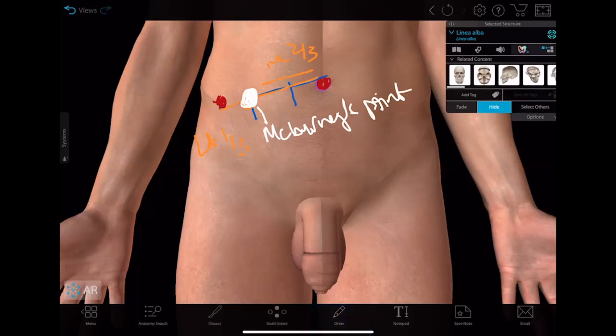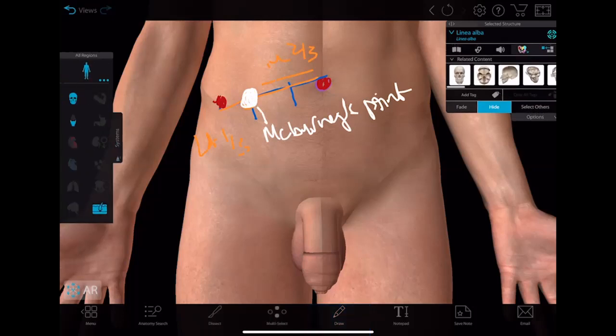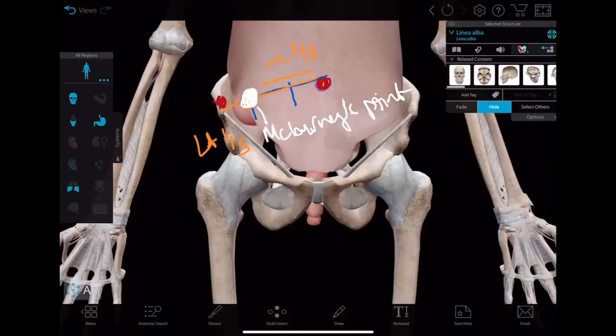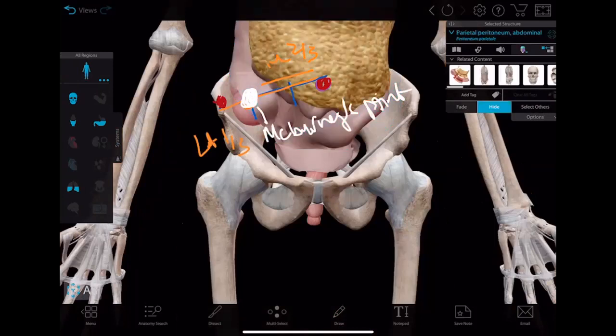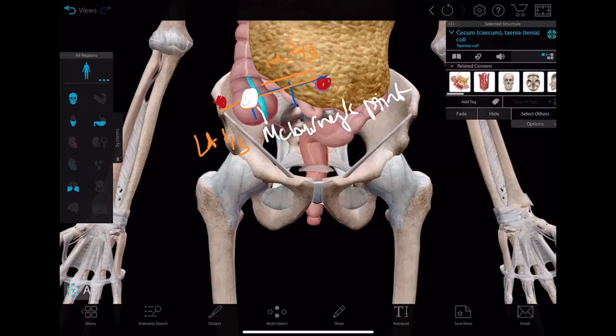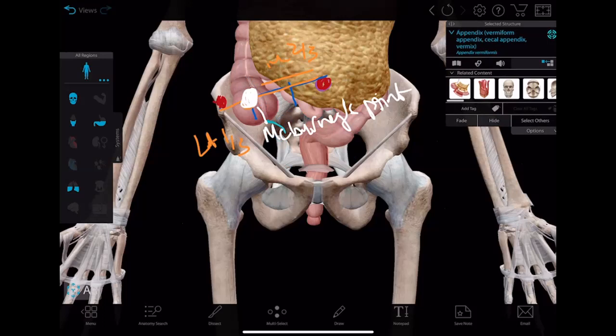So for fun, let us see what is there. Where is the appendix, okay? So you see, there is the appendix, okay?